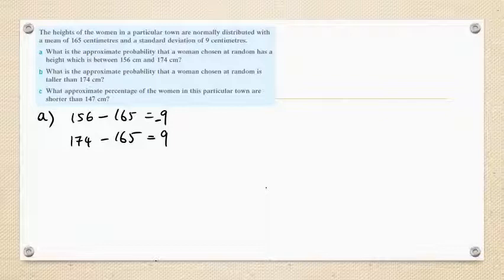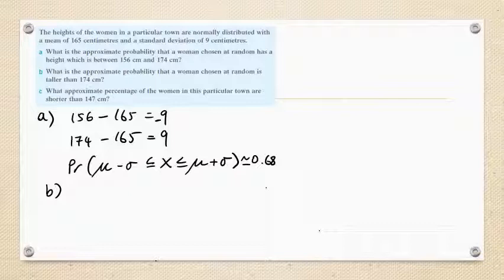So that means we want the probability of one standard deviation to the left of the mean, and one standard deviation to the right, which is then 0.68.